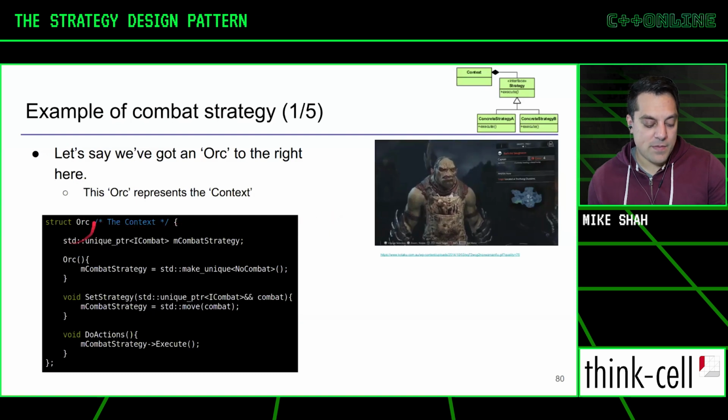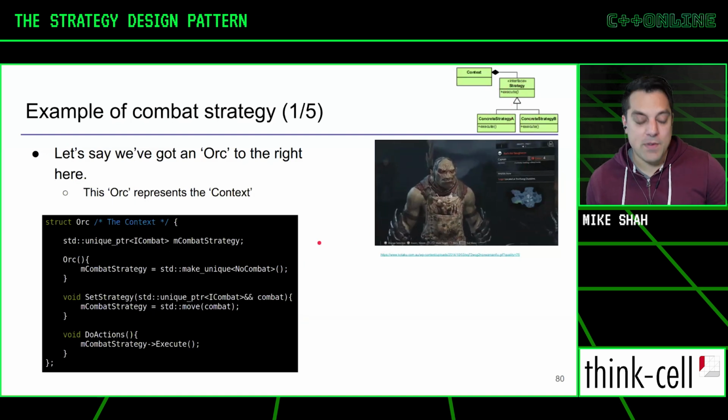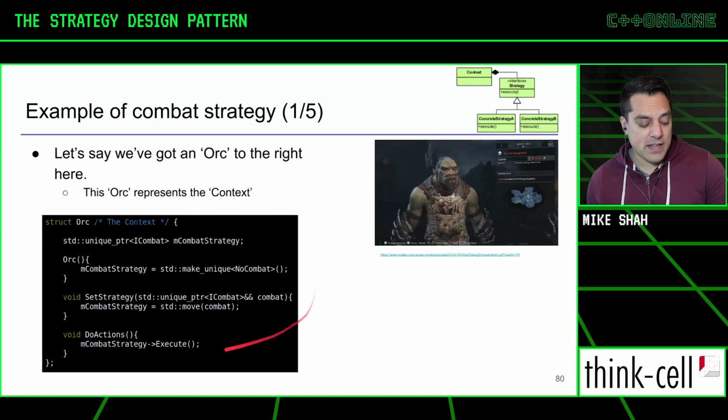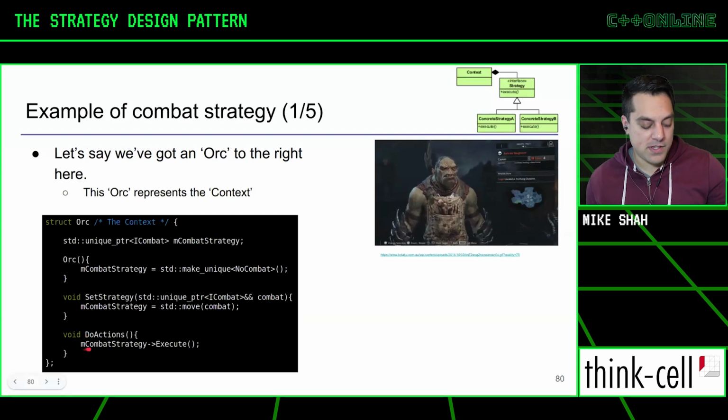This is the basic struct, or the class. You could make it. And again, I have this combat strategy, and we're going to implement this interface for ICombat, which is the right side of this UML diagram, which we've already done. Some inheritance structure that we can apply. All we really care about is this doActions for our orc, which, if it's an artificial intelligence, is just going to process whatever the combat strategy is.